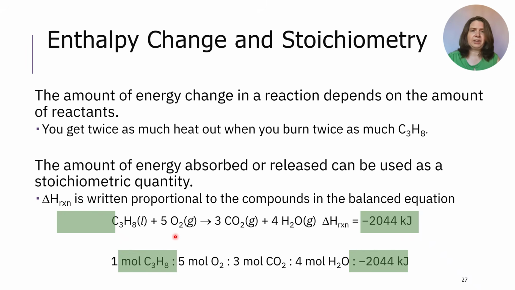C3H8 plus 5O2 produces 3CO2 plus 4H2O, with a delta H of negative 2044 kilojoules.